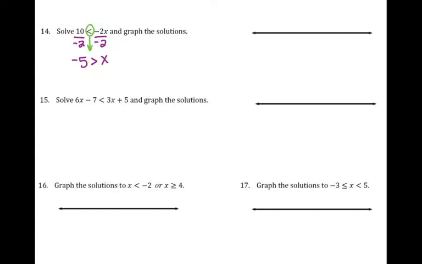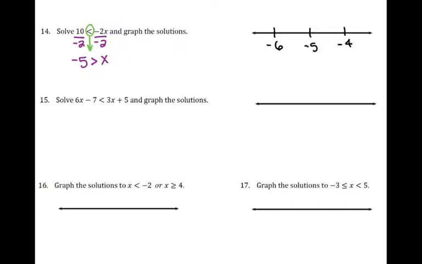Okay. So now, in order to graph it, I'm going to go ahead and put negative 5 right in the middle. I'm going to put one number on each side so I can see numerically which direction it's going in. So I have negative 4 on my right, negative 6 on my left. Okay, and my inequality is telling me that negative 5 is greater than x.